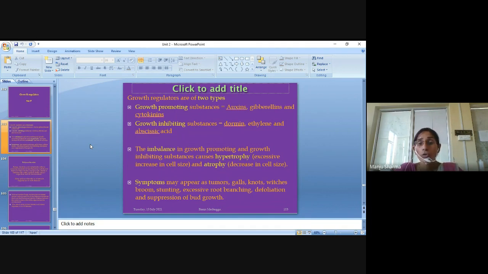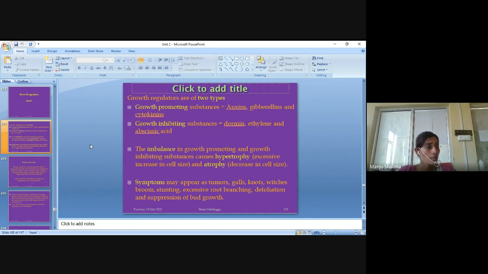Growth promoting regulators are auxin, which increases the growth of branches, gibberellin and cytokinin.